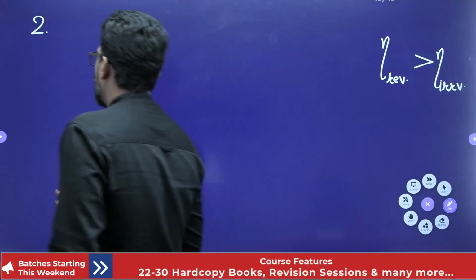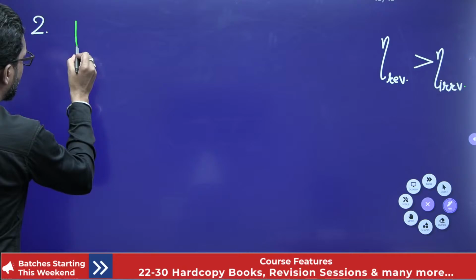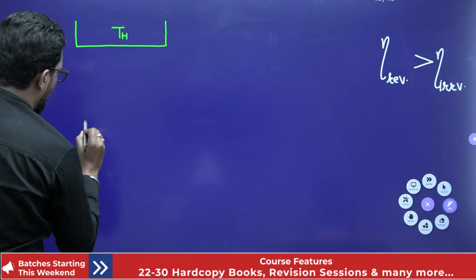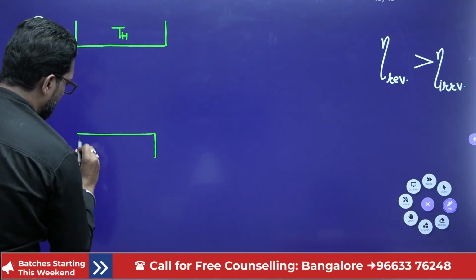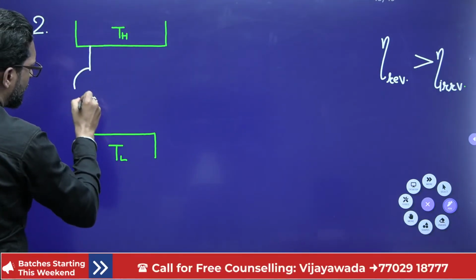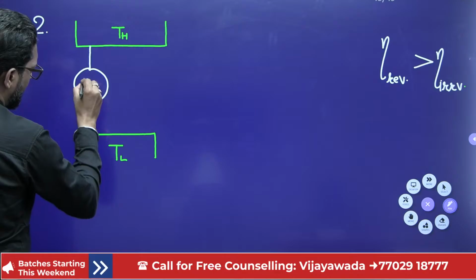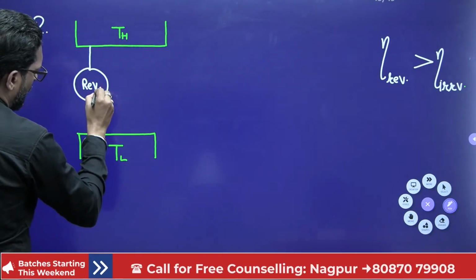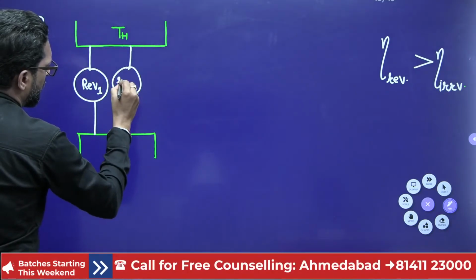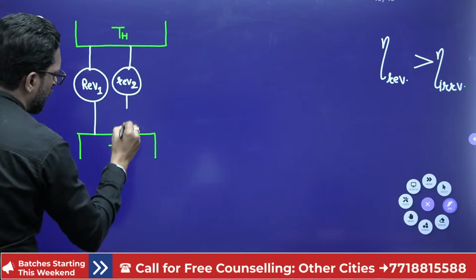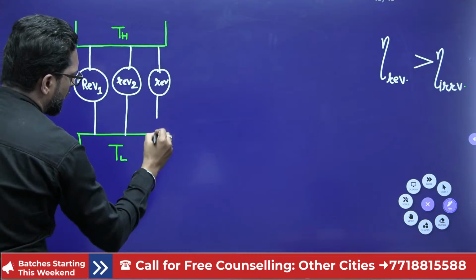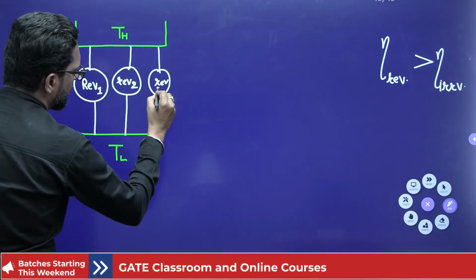Now, if there are two temperature limits, TH and TL, and between these two limits this is reversible cycle 1, this is reversible cycle 2, this is reversible cycle 3.